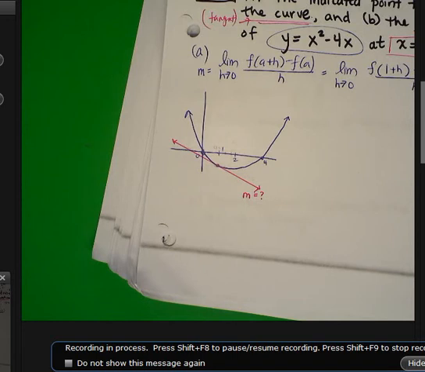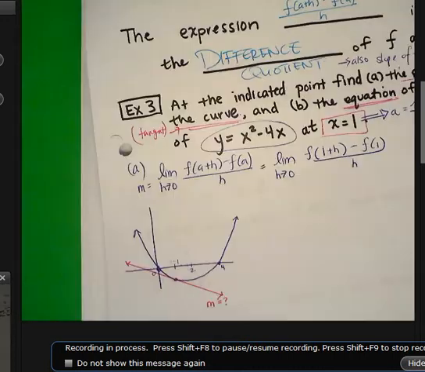So if this is my a and this is my a plus h, that line is not quite where I need to be, right? My goal is to get here, where I'm just touching it once. So if I make my h smaller, then I'll be there.